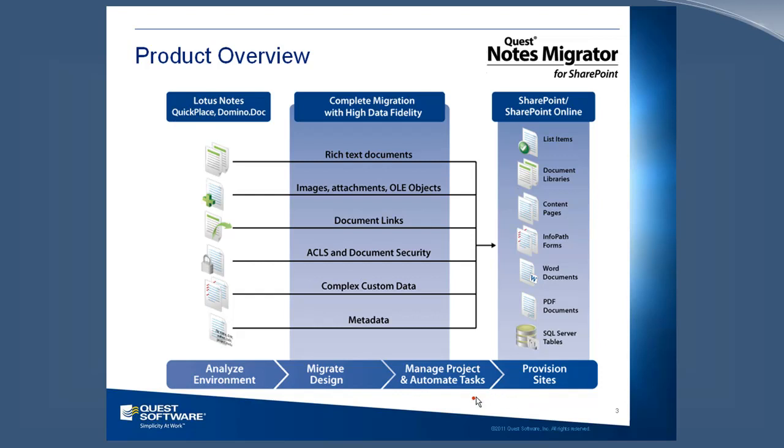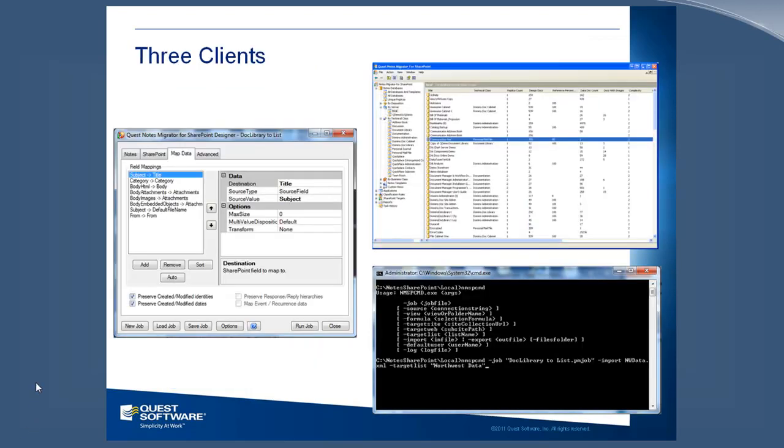We're going to automatically run one migration job to migrate all the discussion data over to a discussion list in that team site, another one for calendars, and so on. And so you can see that for complex applications you might be running mini jobs, have rules about provisioning things and security mapping and so on. And so we try to make it easy to automate that and do things in large batches, so you don't have to do things one at a time. So that's the overview of the tool.